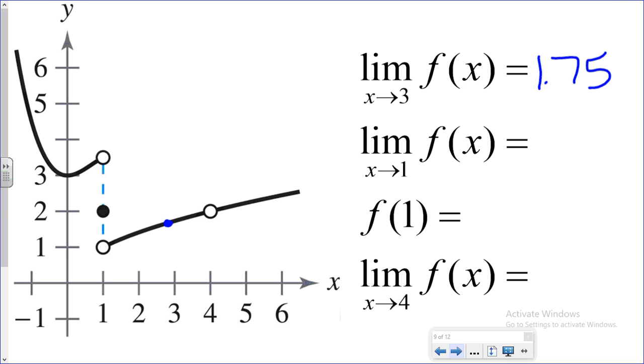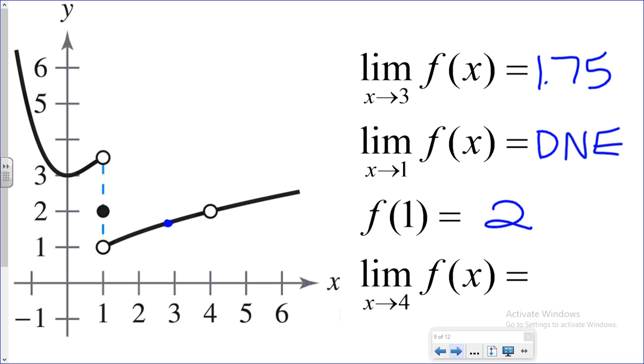The limit as x approaches 1, pod 2. It does not exist because the right and the left are approaching two different values. F of 1, pod 3.